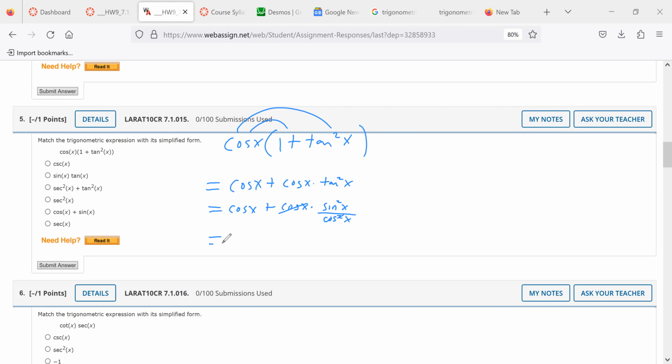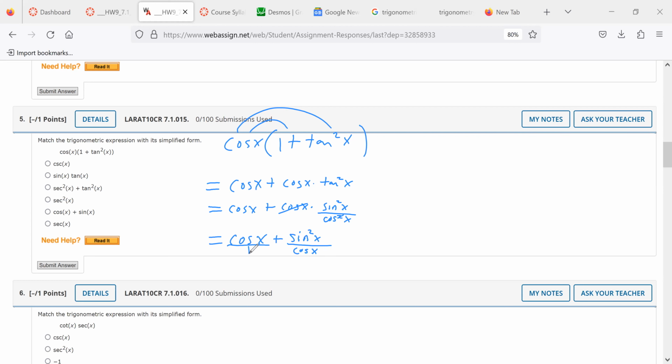So now we have an ugly two. Okay, so now add the fractions. You see that the LCD is cosine.